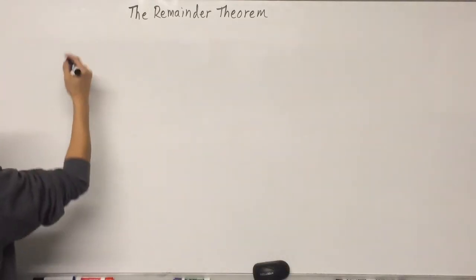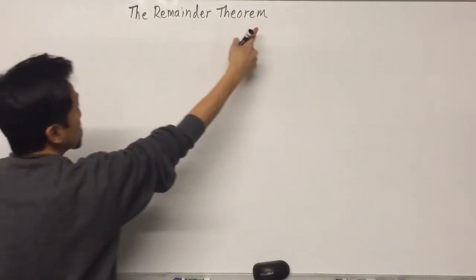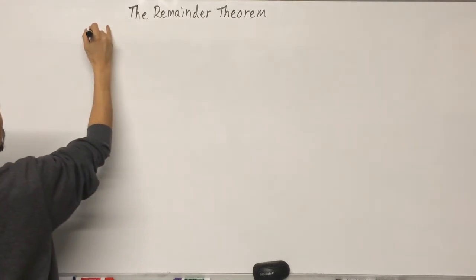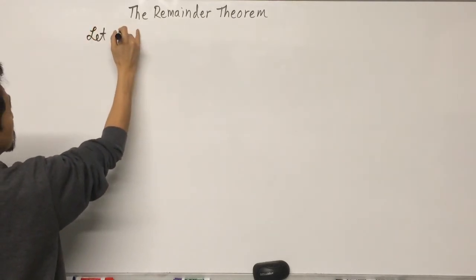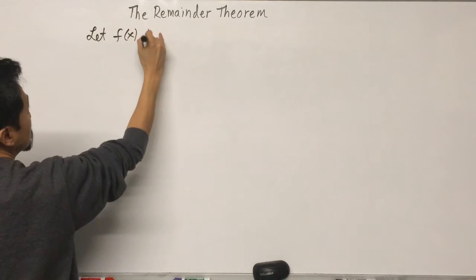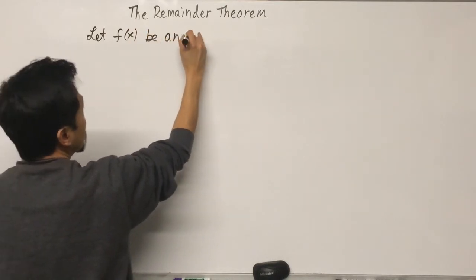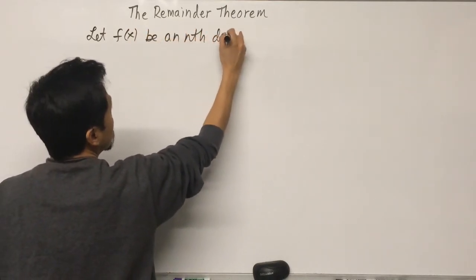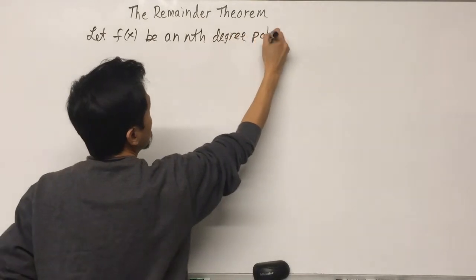Okay, so the remainder theorem says that we're going to begin and we're going to let f of x be an nth degree polynomial.